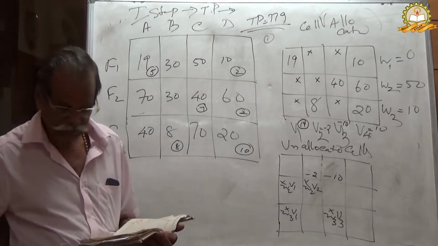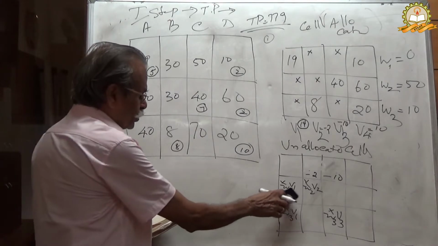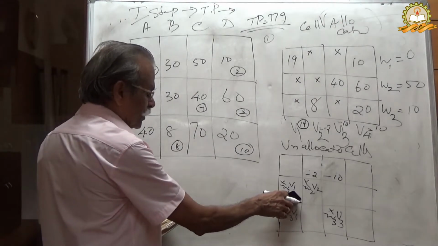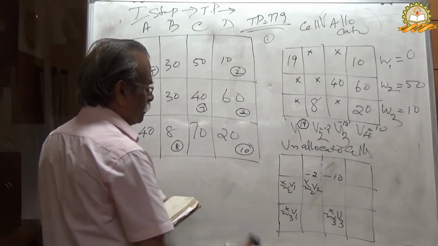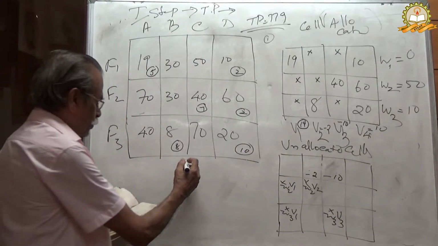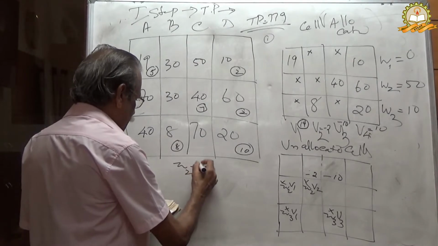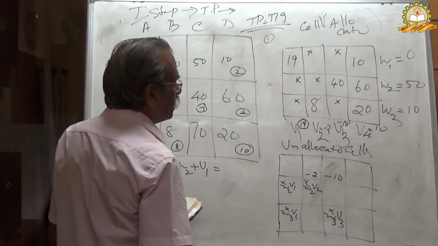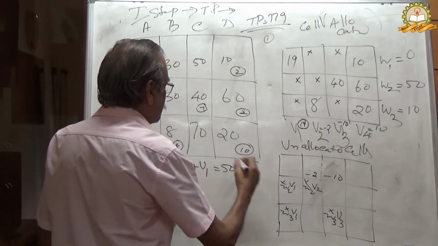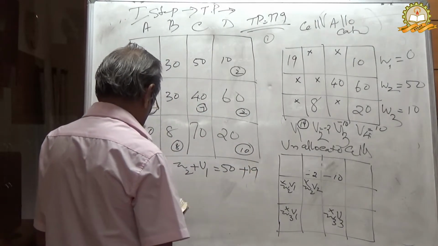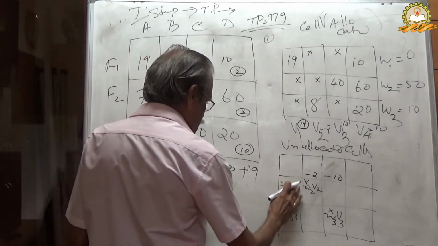Then here U2V1, that is U2 plus V1. U2 equals 50 plus V1 19, therefore you have 69.